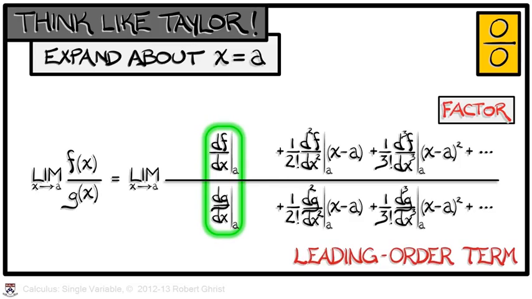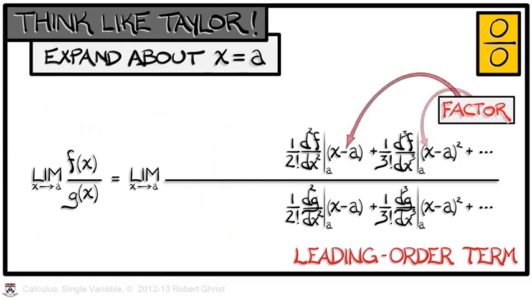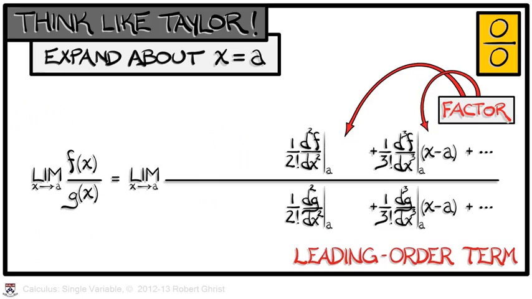The constants are really the derivatives evaluated at a. Now, if those two were to vanish, then what would happen? Well, we see that once again we can factor out the quantity x minus a, cancel, and again we see that the leading order terms involve the second derivatives at a.